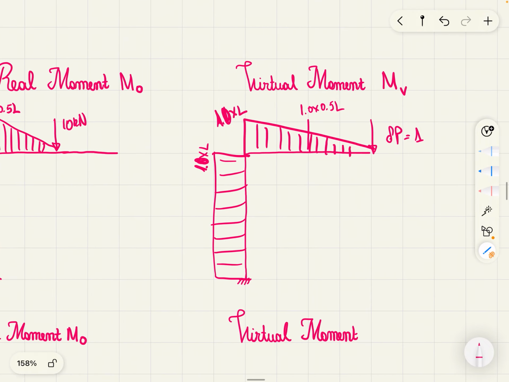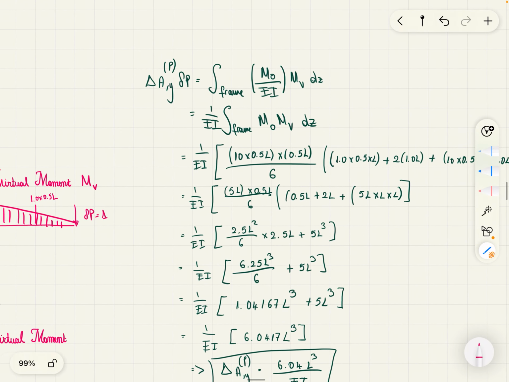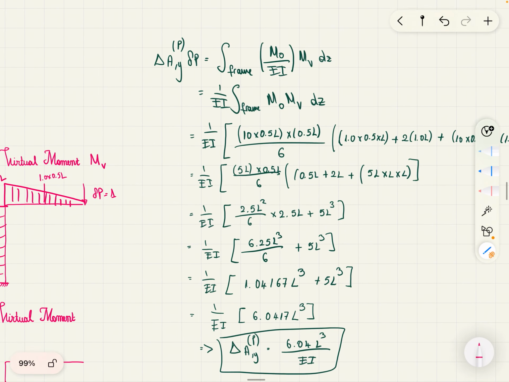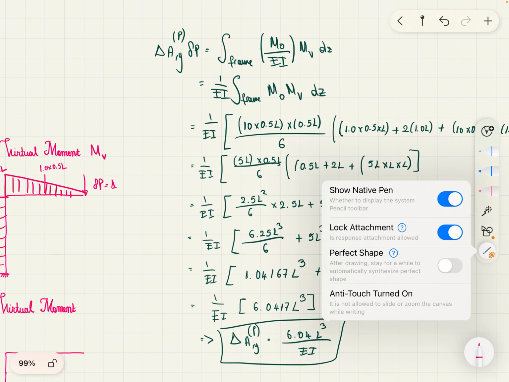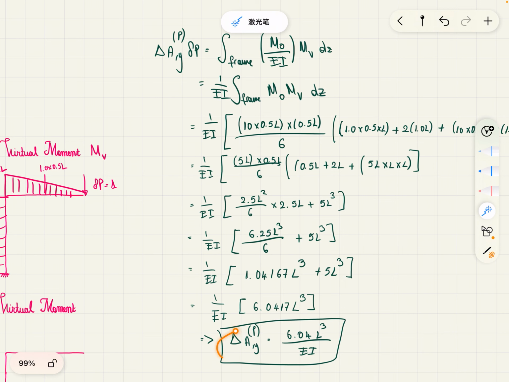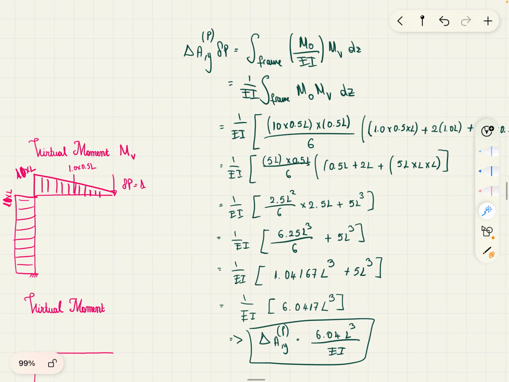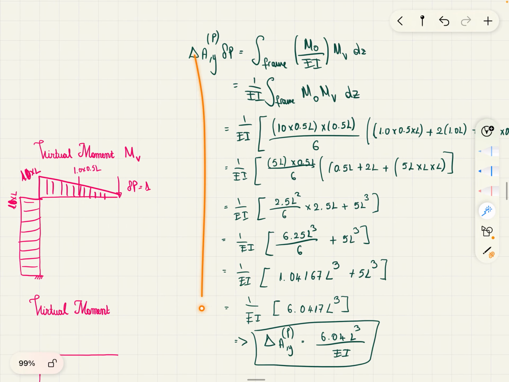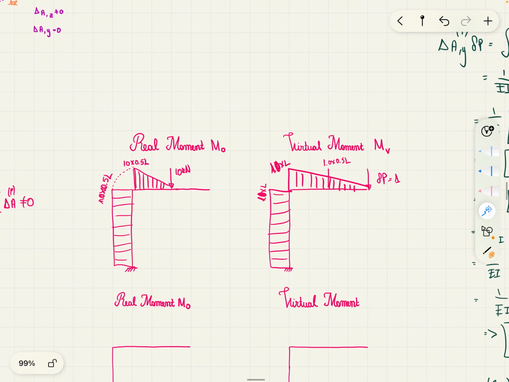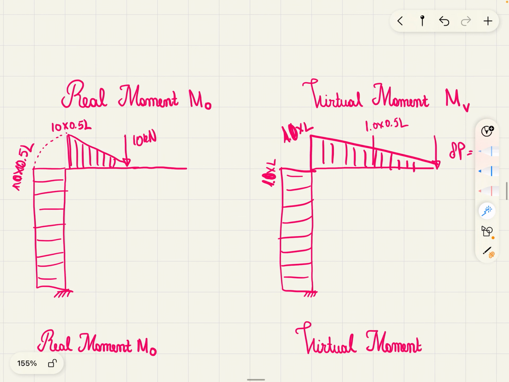Okay, now here I've calculated the displacement at A due to the point load. And let me show you what I've used from the product integral table. These are just calculations. We have a triangle and a trapezium. So from the product integral table, we're using the triangle and the trapezium.